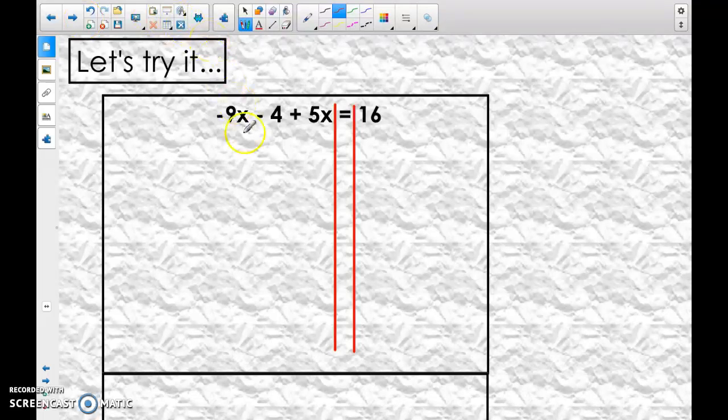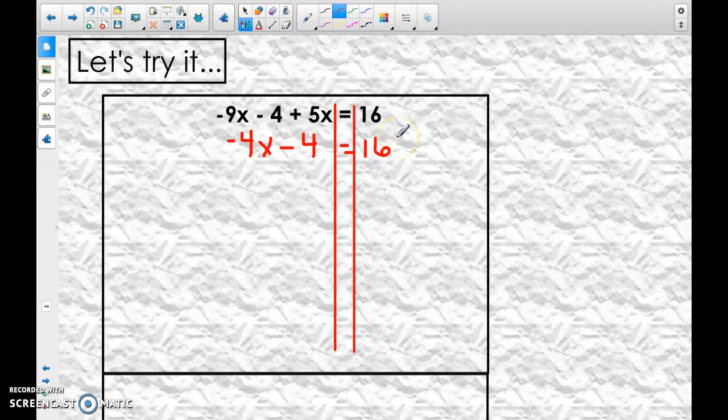All right, in this problem, same kind of thing. We see on the left-hand side that we can combine some like terms here. So we have a negative 9x, and we're getting 5 bigger. Careful with this addition. Negative 9 getting 5 bigger will leave us with negative 4x minus 4 equals 16. So again, on the left-hand side, all we did was combine some like terms.